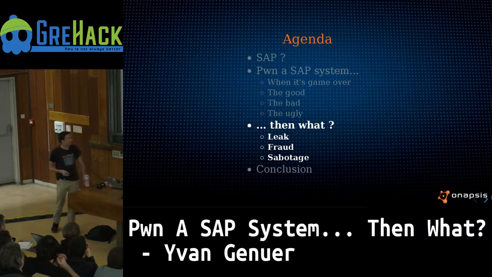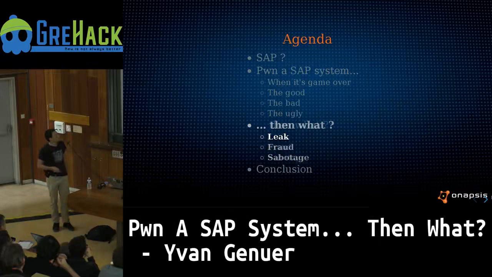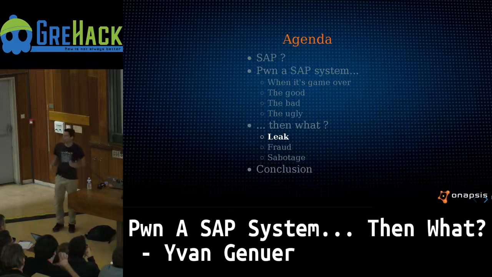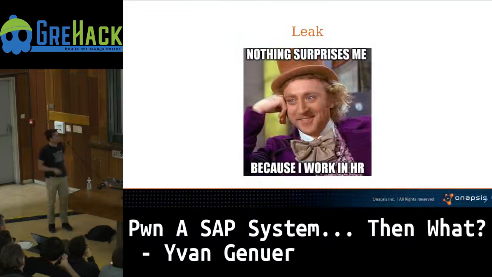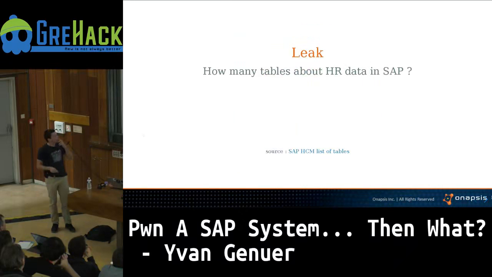Now I will try to speak about what we can do. So the first thing is what I call leaks, or it's about confidentiality. Let's speak about HR. This SAP system provides SAP NetWeaver with a component dedicated to HR purposes.